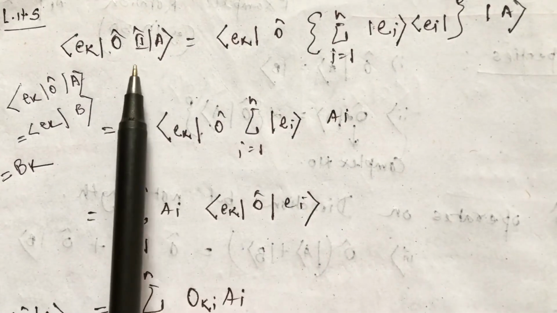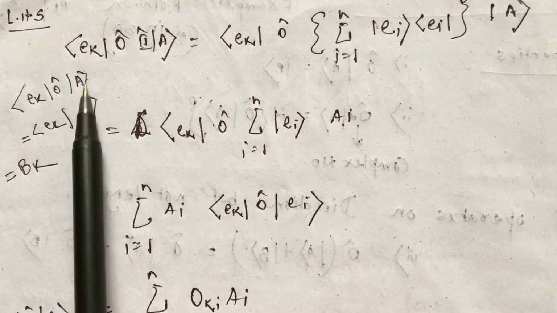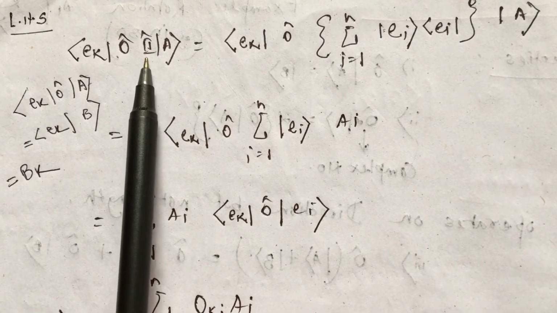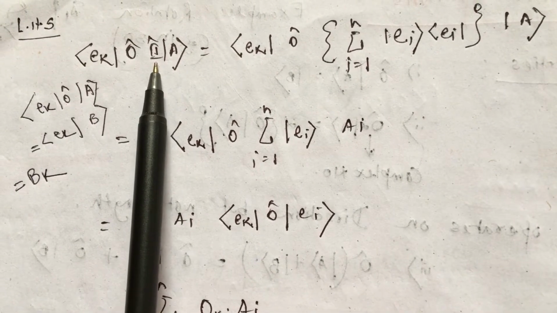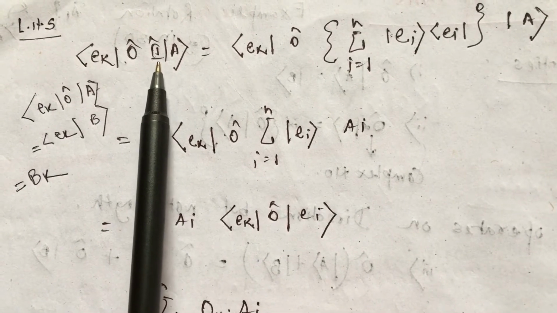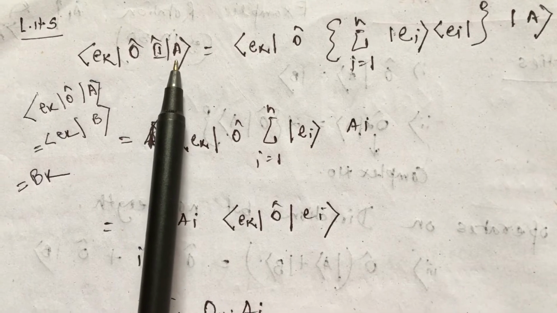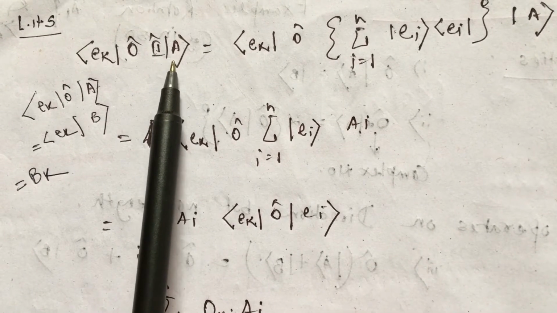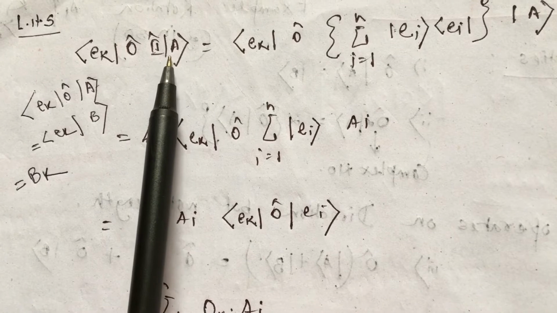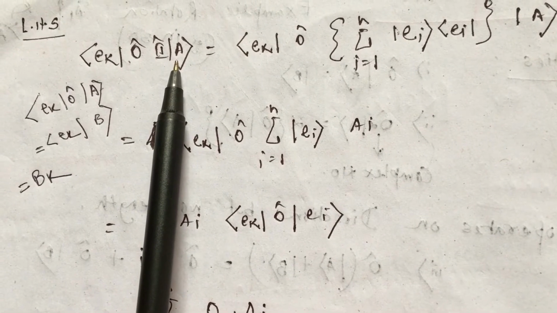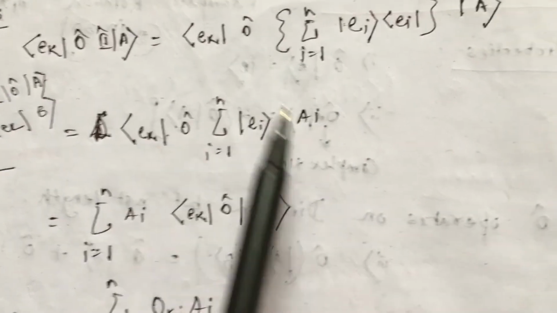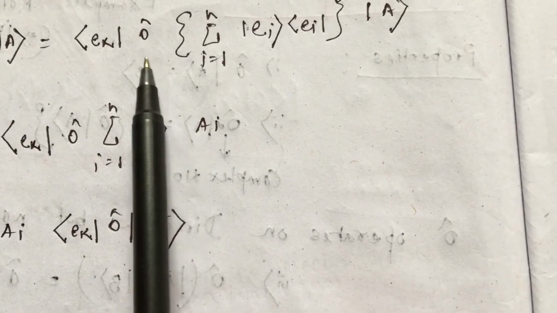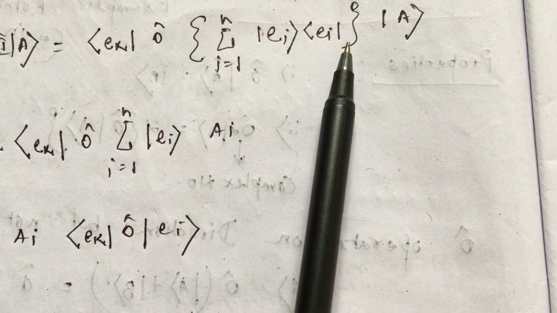I can write this <Ek|B> scalar product as the component Bk. So I am starting with this <Ek|O|A> here. I can put the identity operator anywhere I wish, because multiplying the identity with A is basically leaving the ket vector A itself. So I have inserted the identity operator here. Just use the expression of the identity operator.